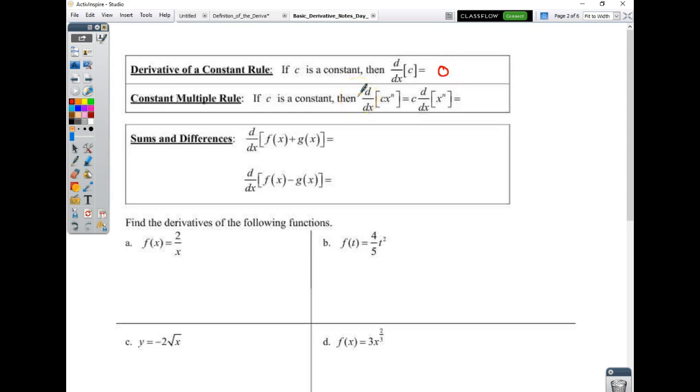If there's a constant, we didn't get a chance to really discuss this. I'll put up a video for this. But there are some properties, and one of the interesting properties with limits is that if I have a constant in a limit, that constant doesn't really get affected by the limit itself, right? If I do the limit as x goes to 5 of 3 times x, does the 3 really change at all?